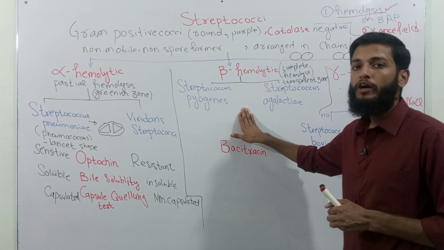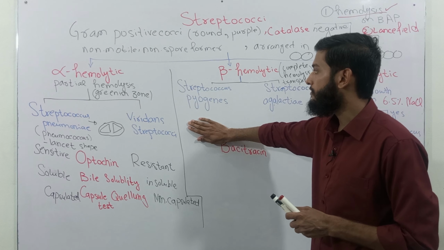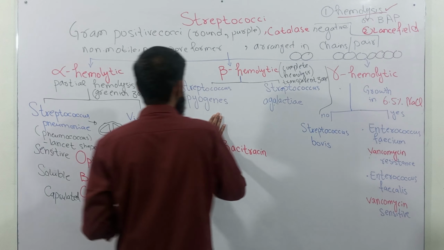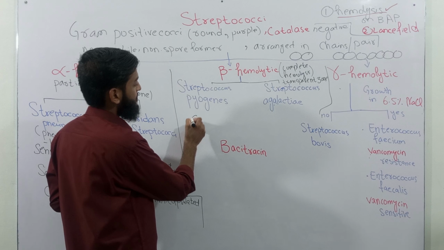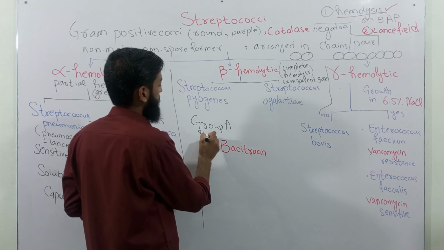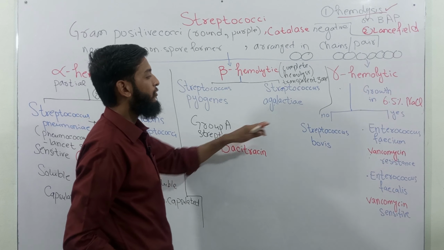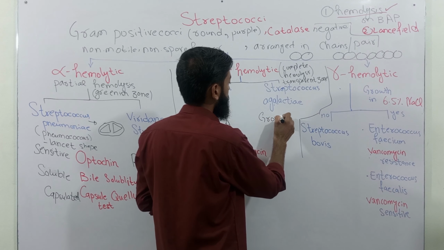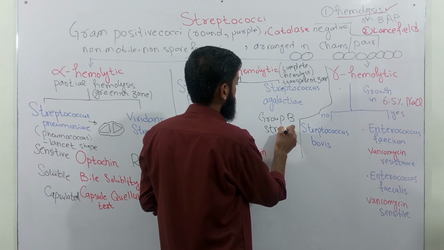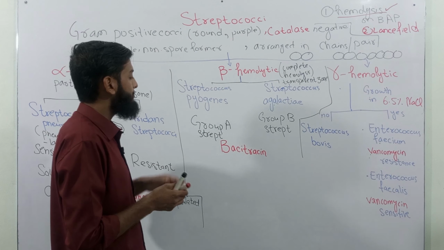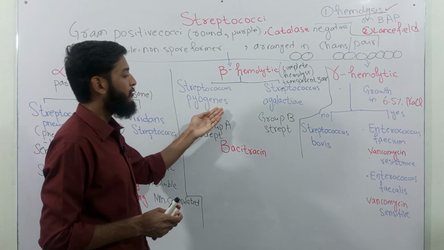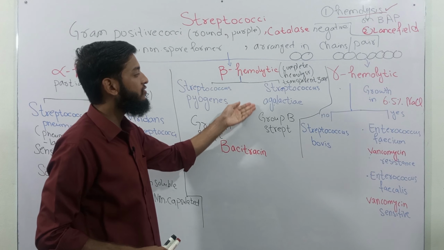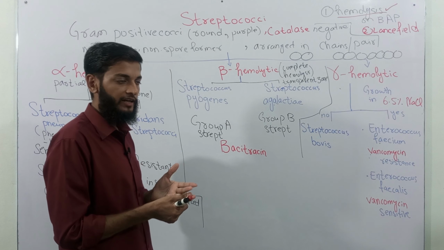These beta-hemolytic streptococci are further classified into two groups, Streptococcus pyogenes and Streptococcus agalactiae. Streptococcus pyogenes is also known as group A strep, whereas Streptococcus agalactiae is also known as group B strep. Each group contains many bacteria that share similar characteristics.